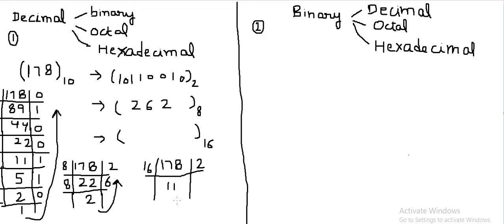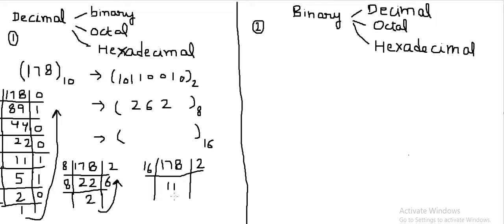So this number is not divisible by 16 further, because it is very small. We have 16 digits in hexadecimal, from 0 to 15, in which after 9, the hexadecimal for 10 is A, 11 is represented by B, 12 by C, 13 by D, 14 by E, and 15 by F.